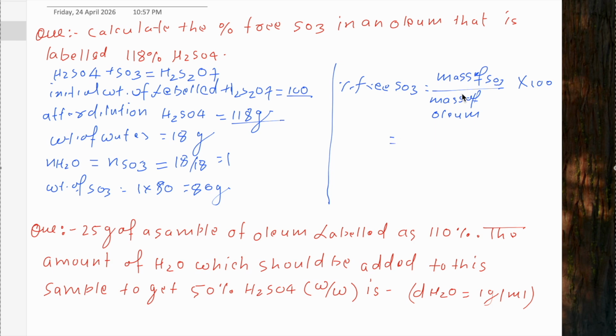So here SO3 was how much? It was 80. And 80 by oleum, how much? 100, into 100 is equal to 80%. So now we can get it like this.